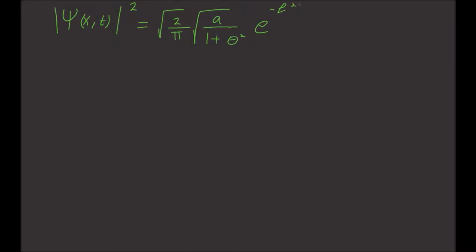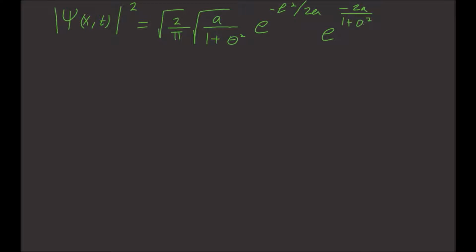Finally, we have the probability density psi of x comma t is equal to the square root of 2 divided by pi times the square root of a divided by 1 plus theta square times e to the minus L square divided by 2a times e to the minus 2a divided by 1 plus theta square.